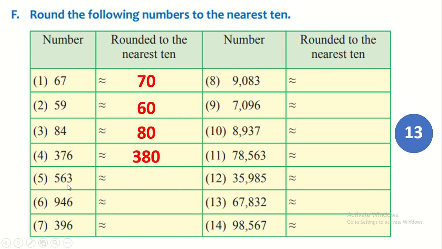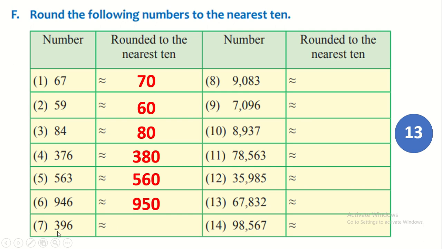The tens digit is 6, but next to 6 in the ones place is 3, less than 5. Now you can round this to 560 only. Number 6, 946. Rounded to 950. 4, next is 6. Round off to 950.